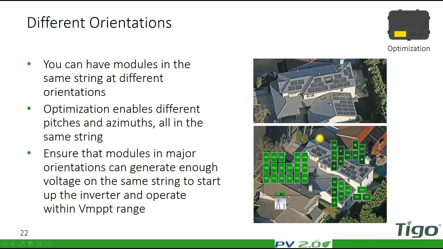They'll probably not be enough. What will happen and what will be useful, and that's why you'd probably want to put panels there, is when the sun is here or when the sun is here. So all these modules turn on.